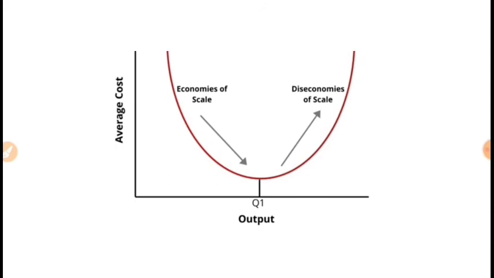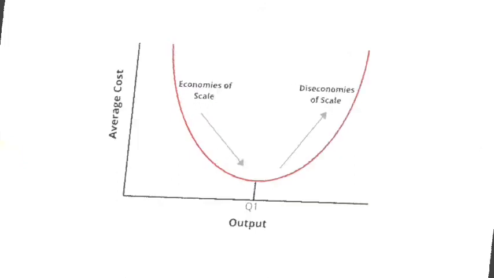So economies of scale and diseconomies of scale are also the prime reason for average cost curve to be U-shaped.